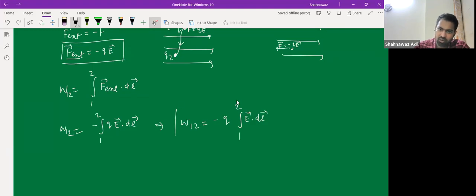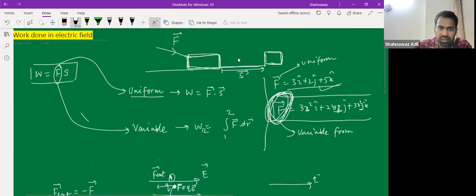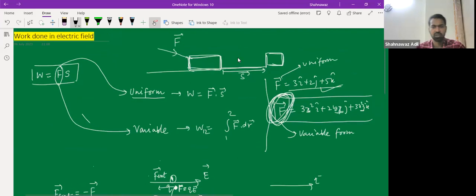So this is how the work done and the electric field are related. You guys note up to this point, and then we will talk about the next things.